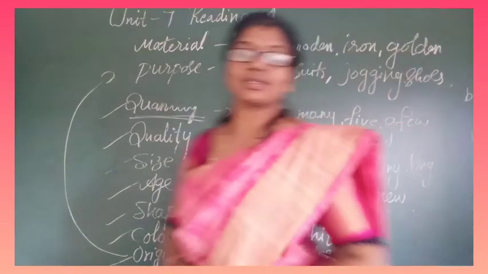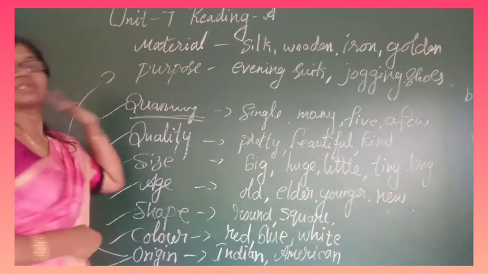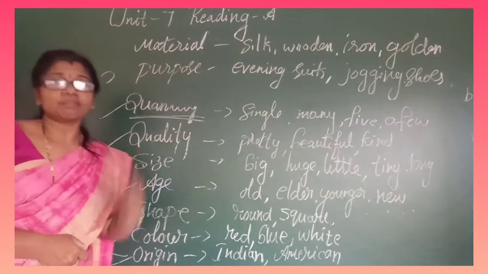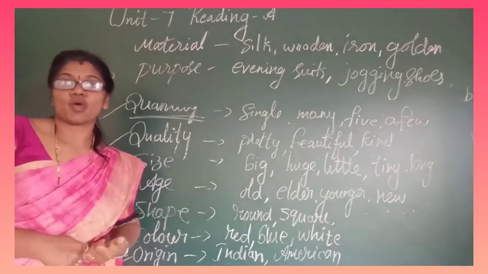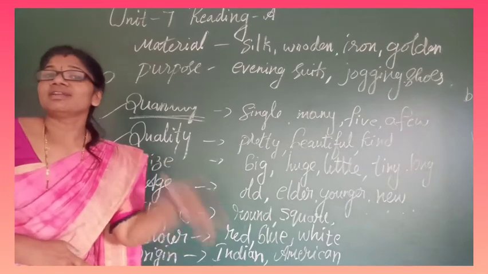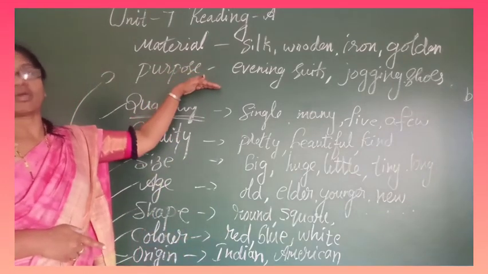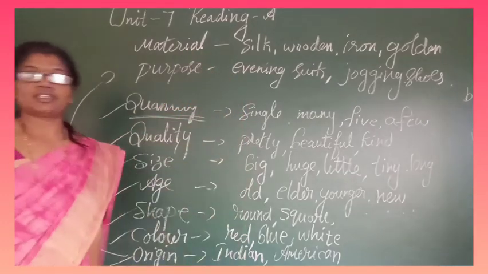All these kinds come under purpose. Purpose means for what purpose we are using that noun. You are expressing the purpose of that particular noun. Then purpose always comes last in the order of the adjectives category.